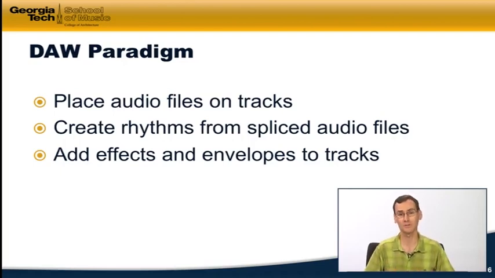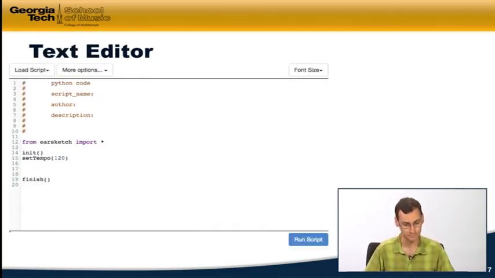You can do something very similar to pattern sequencing like we learned in Module 3, where you can create rhythms out of, in this case not MIDI, but little bits of audio files. And you can also add effects to tracks, you can change effects parameters, and you can control effects envelopes that change those parameters over time. So this is all at the core of how we think about coding with EarSketch, so it should all be very familiar to you as we get started.